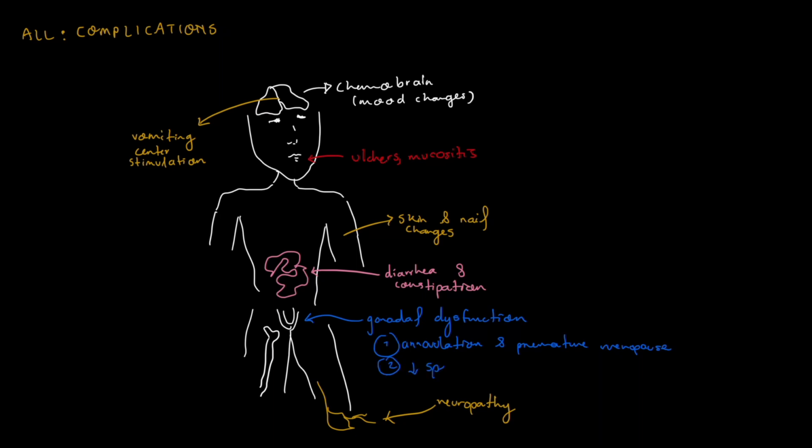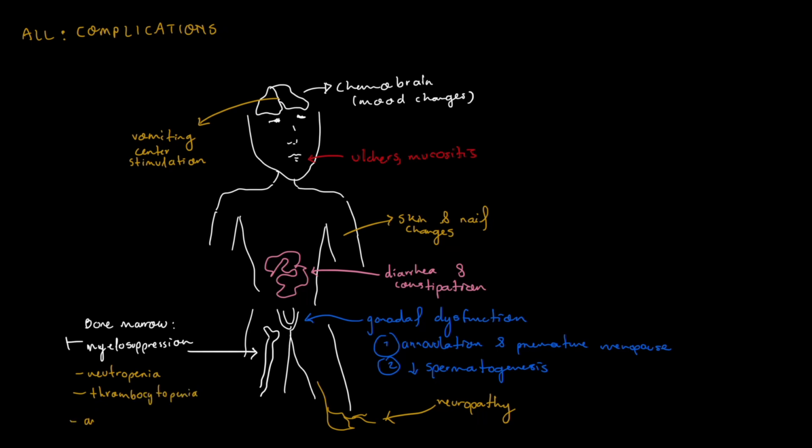In men, there can be a decrease in spermatogenesis. In the bone marrow, besides the clinical sign of bone pain, there is also going to be a myelosuppression because it's not going to be specific. All of this is already present in ALL, but it's going to be aggravated after chemotherapy, right?